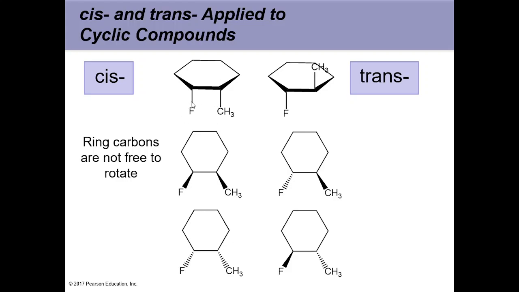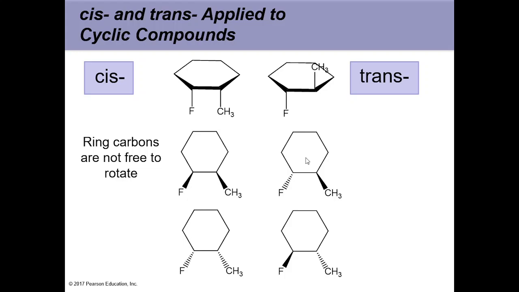And with the two substituents pointing both up or both down, anyway, when both substituents are on the same side of the ring, then we say this is a cis isomer. Now you can compare it to the other possible isomer, which obviously is the trans one. When you have two substituents pointing to two different sides of the ring, everything is relative to this ring. When one is up, the other one is down. It doesn't matter which one is up or down. As long as one is up and one is down, then we say it's a trans isomer.